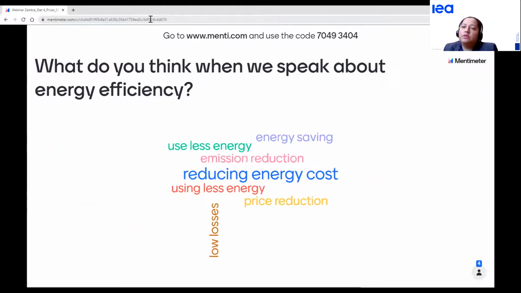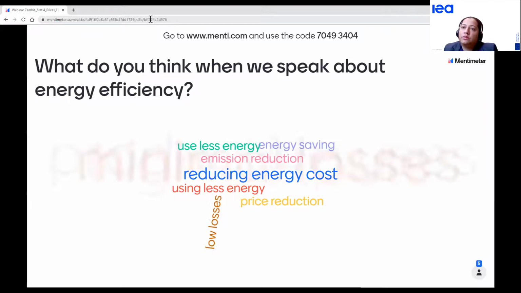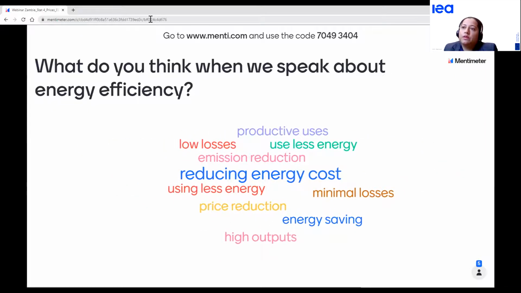Reducing energy costs, using less energy, price reduction, energy savings, good. Minimal losses, high outputs, very good.